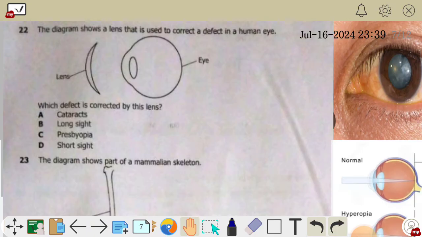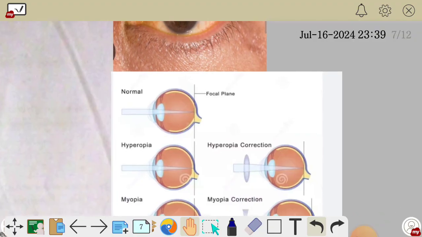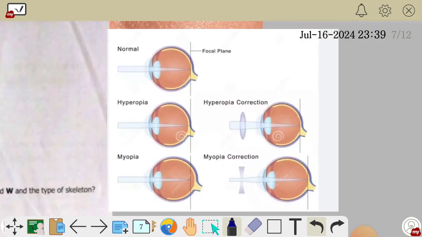Now, how are these diseases corrected? So now let's see on this diagram here. So hyperopia, this is long sight, and it is corrected by a convex lens, like the one which is in the diagram.